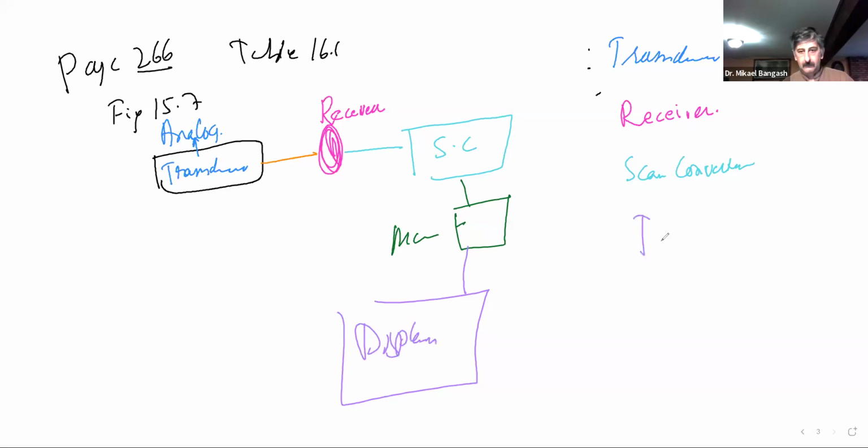The display. And after display, last but not least, that data was going to be stored in an archive.